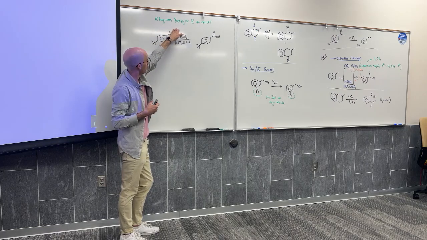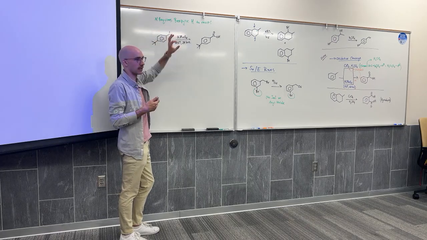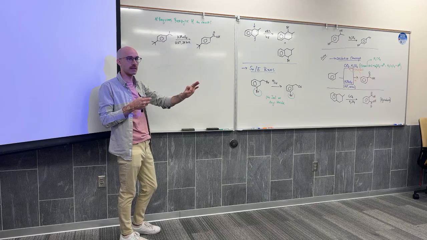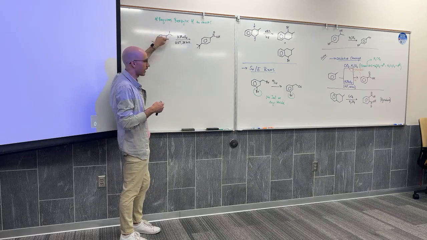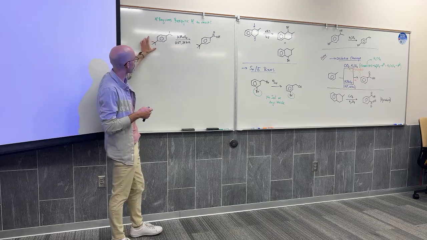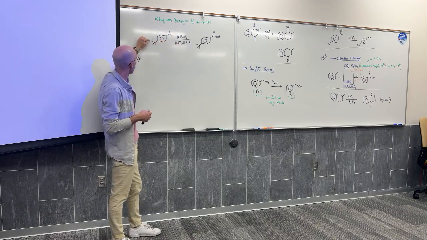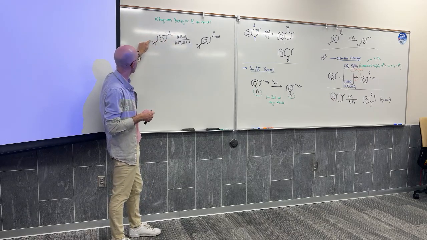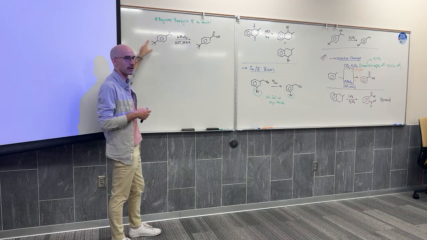After that oxygen from the oxidizer removes the hydrogen, it leaves behind an intermediate that is conjugated to the aromatic ring and stabilized, which is why on tert-butyl, the oxidizer never oxidizes any of these methyl groups out here.